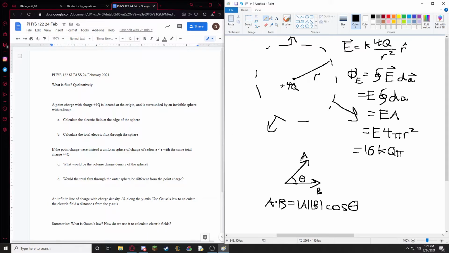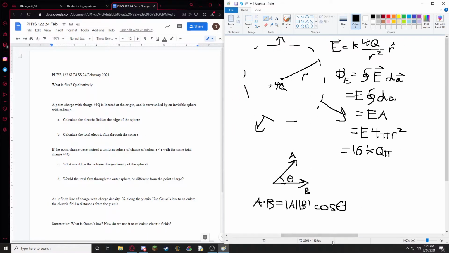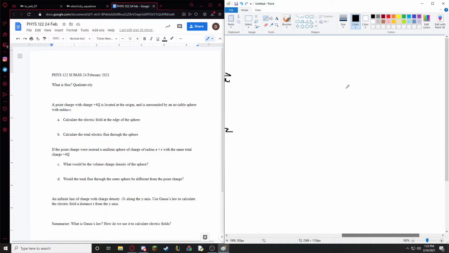So now let's go ahead and change up the problem slightly. Instead of a point charge, we're going to imagine we have a sphere of charge. Let me actually make that a bit bigger.